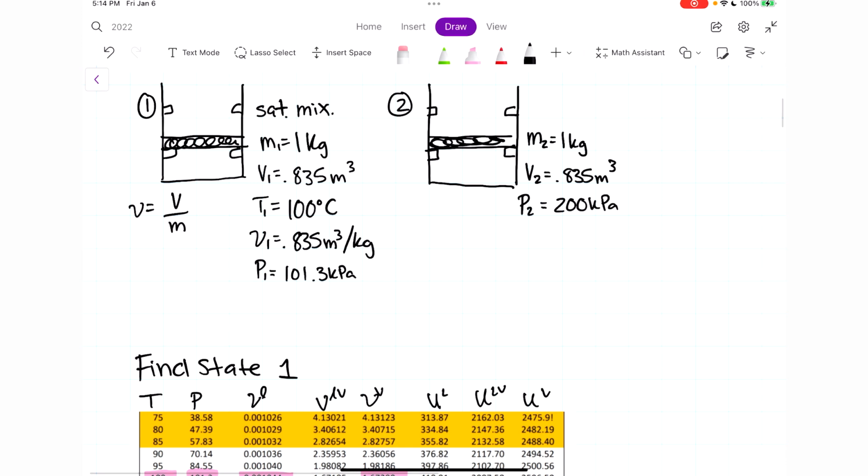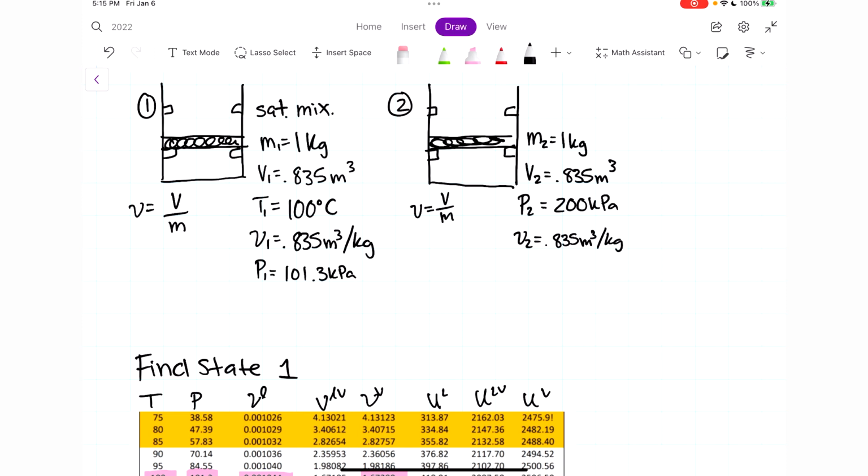So we have pressure, we don't have specific volume, but we can find specific volume because specific volume is volume divided by our mass, which we can easily do. So we know that our specific volume is going to be 0.835 meters cubed per kilogram.